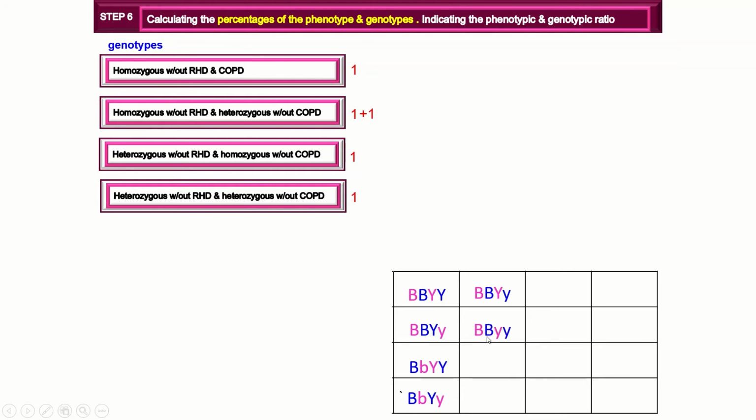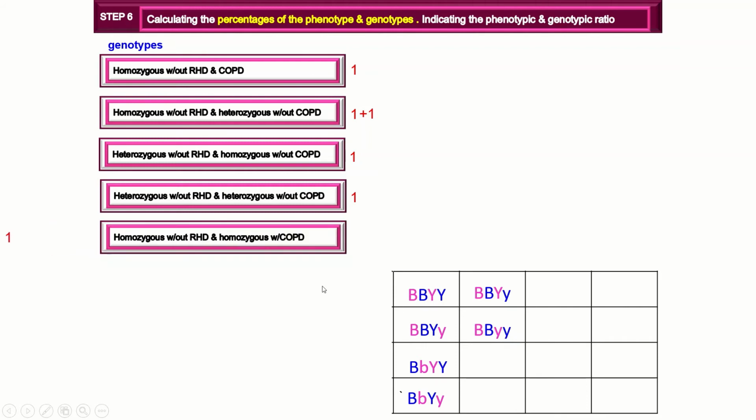Next is homozygous without RHD and homozygous with COPD. Okay, that's 1. Next, we have heterozygous without RHD and heterozygous without COPD.